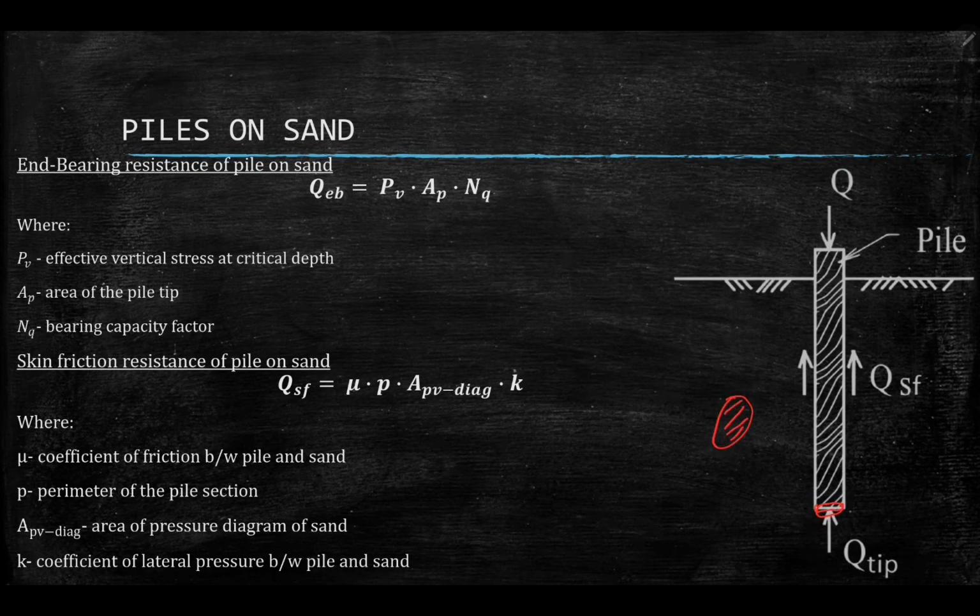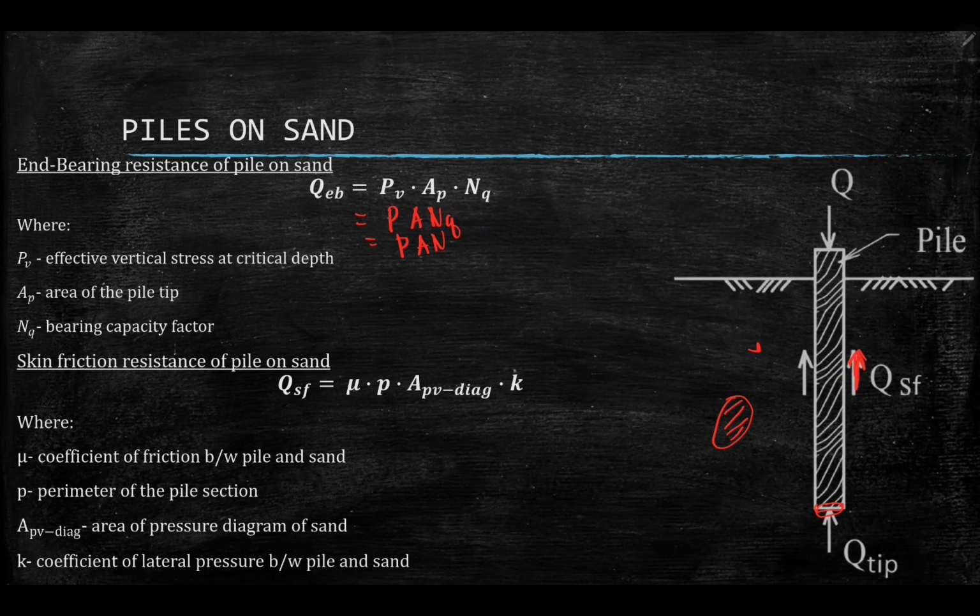Yan yung makikita natin. So, solving for this end bearing pile, meron tayong equation na PV, AP, and Q. So, kung gusto nyo mag-memorize, pwede naman to, okay? Pan, Q, kung gusto nyo ng mnemonics, or simply pan, okay? So, sa next naman, we have the skin friction capacity.